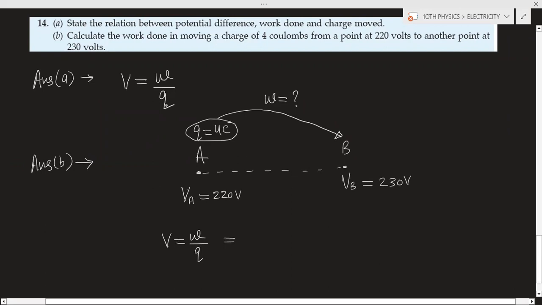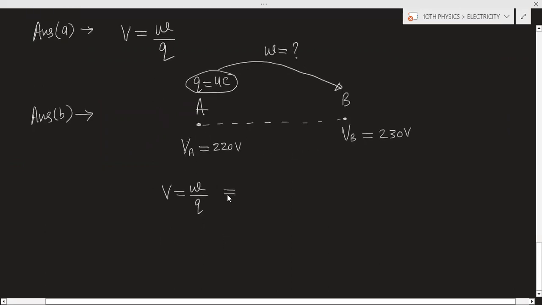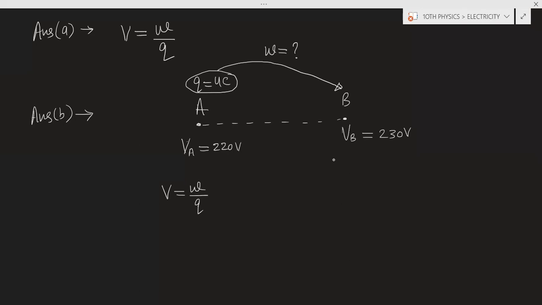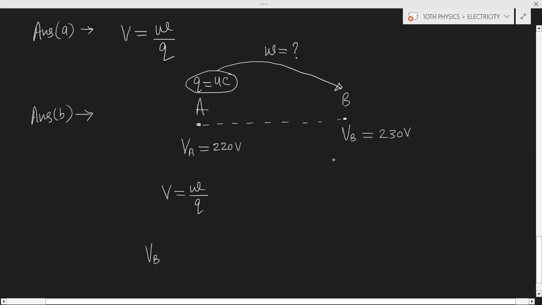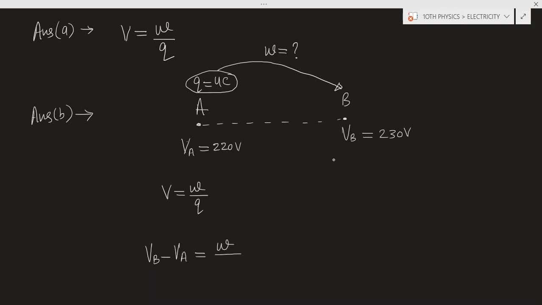The potential difference between point A and point B: at A the potential is 220, at B the potential is 230. So the potential difference is the potential at B minus the potential at A, which equals the work done divided by the charge, 4 coulomb.